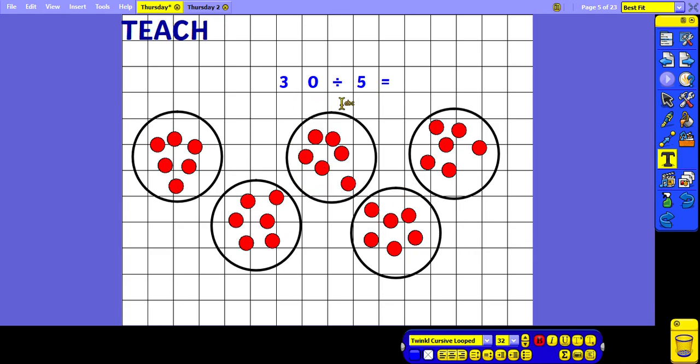To work out what 30 divided by 5 is, I then count how many counters there are in just one group. There's 1, 2, 3, 4, 5, 6. So 30 divided by 5 is 6.